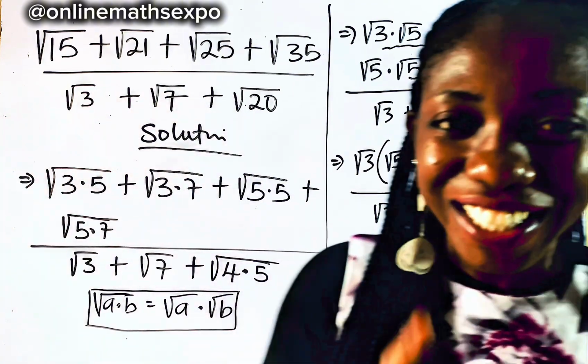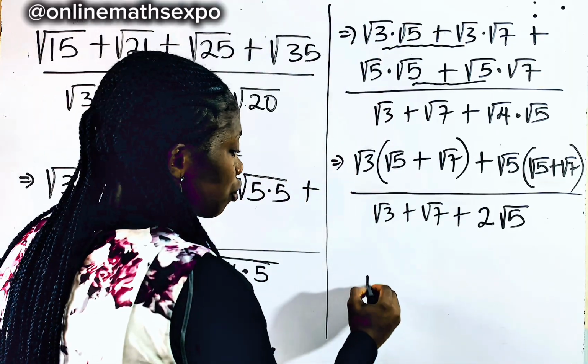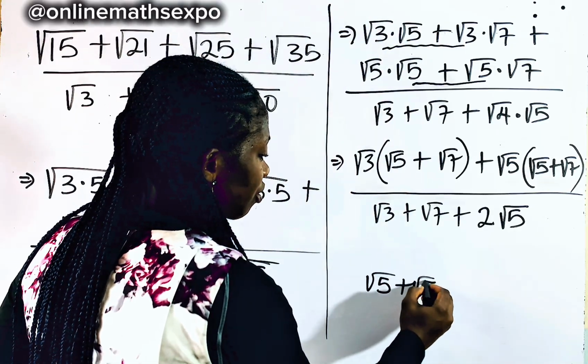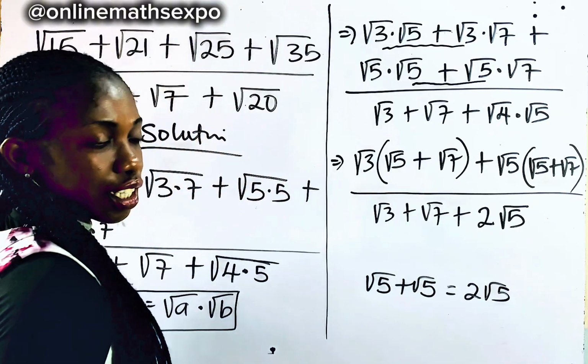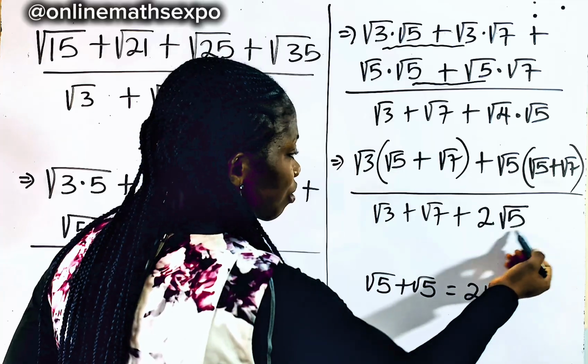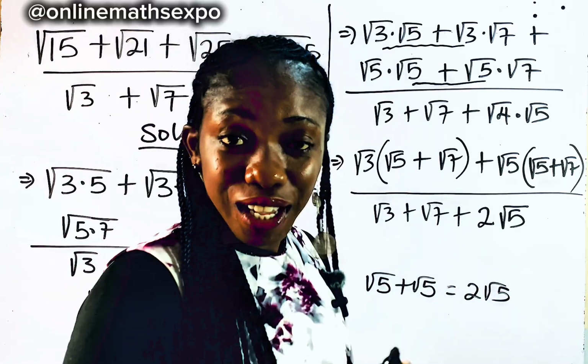We are going to play a little trick on this. We know too well that when you have root 5 add root 5, it gives you 2 root 5. Now, it means that for this, we can rewrite it in this form. It's just for us to work it out easily.